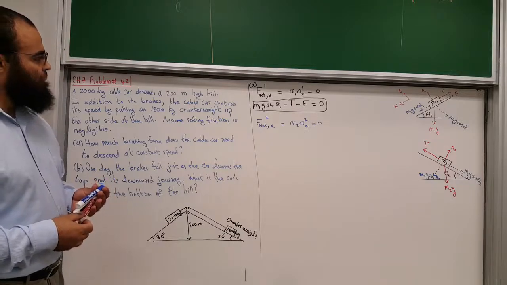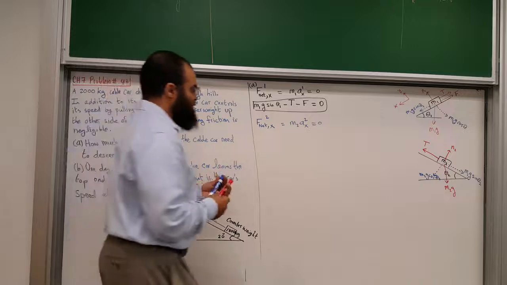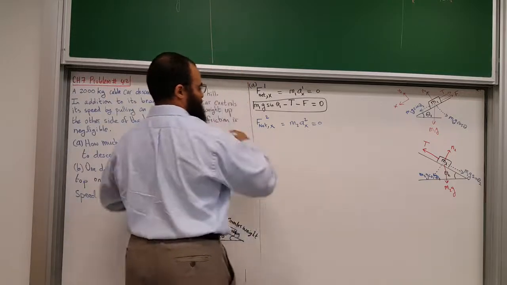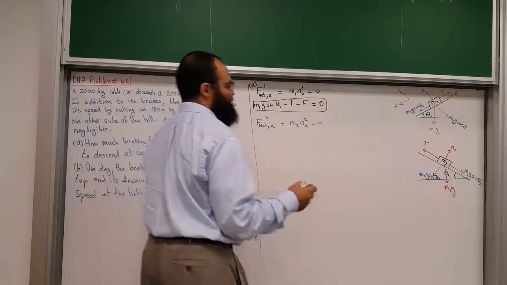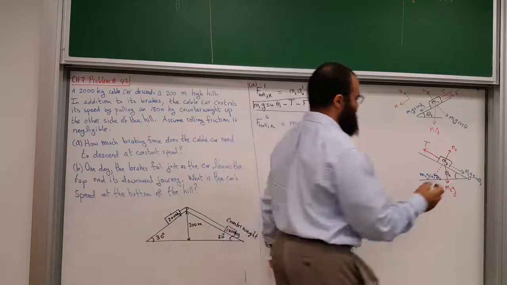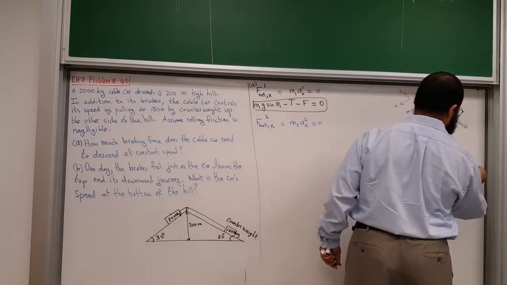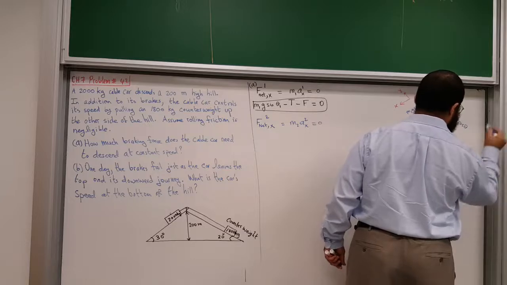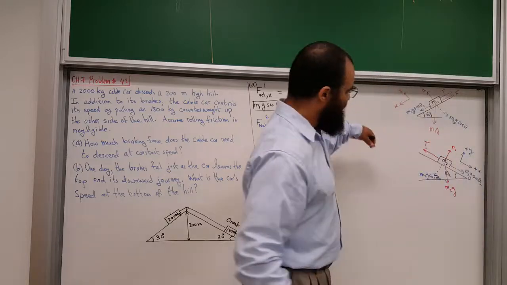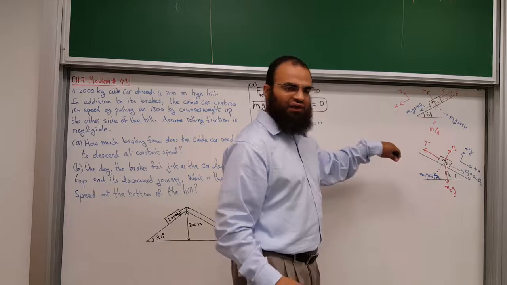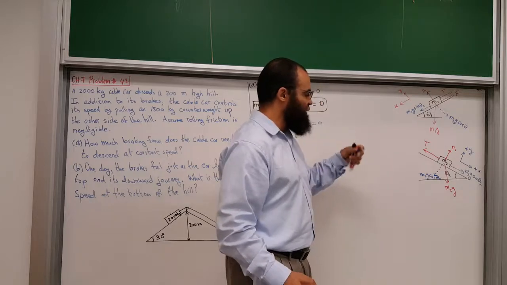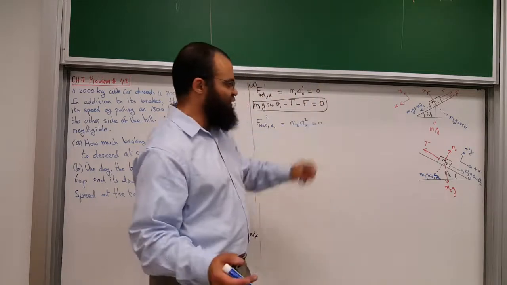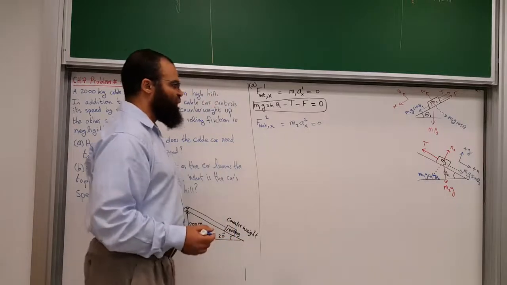Great. So let's write down the equation. What are the forces? Oh, I have to choose my coordinates. It's totally up to us again. I can choose this to be the positive x for this one, and this to be the positive y. As long as you choose x along the incline, either down or up the incline, and y perpendicular, that's a good direction.